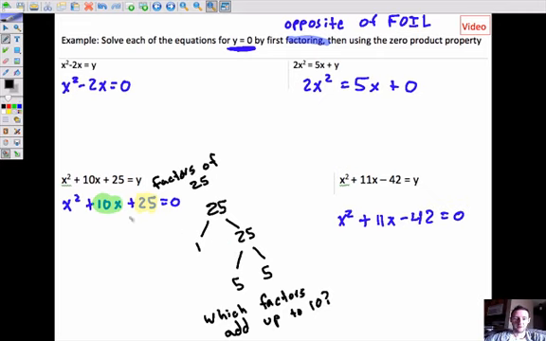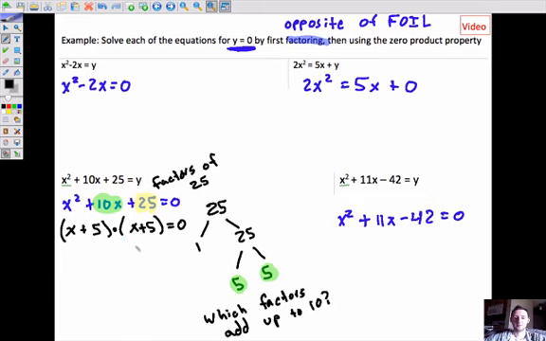Obviously 1 plus 25 is not 10. 5 and 5, hey, 5 plus 5 is 10. So the factors that I need to choose then are 5 and 5. So the way that I will write this out then is x plus 5 times x plus 5 equals 0.